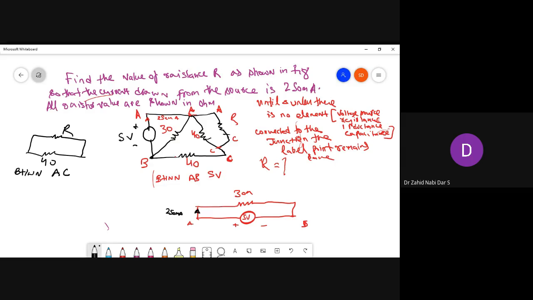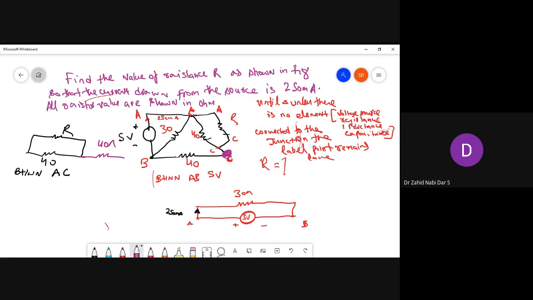And now this 40 and R combination is in series with what? There is a simple node that is connected over here, C point. It is in series with this 40 ohm resistor. So I can draw this in series with this 40 ohm resistor.